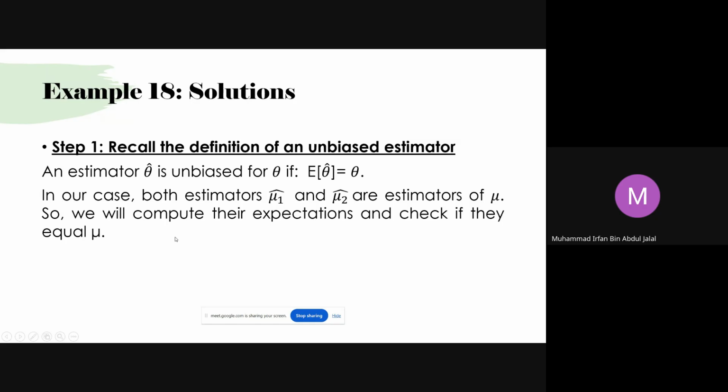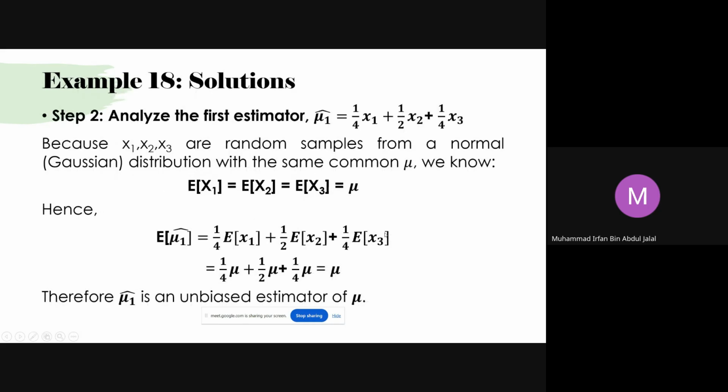So we will compute the expectation of this one and the expectation of that one, and check if they equal mu, in this case equal to theta here. First we analyze the first estimator, mu hat equals this quantity here. Because x1, x2, x3 are a random sample from a normal Gaussian distribution with the same common mu, we know that the expectation of x1 will be equal to the expectation of x2 and to the expectation of x3. So it will equal a common mean of mu here.